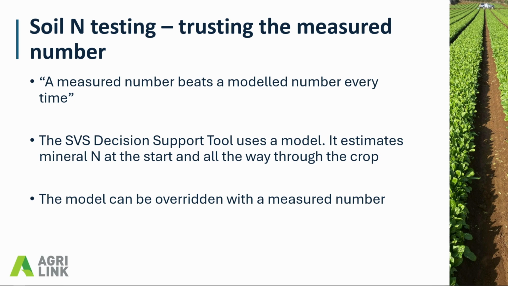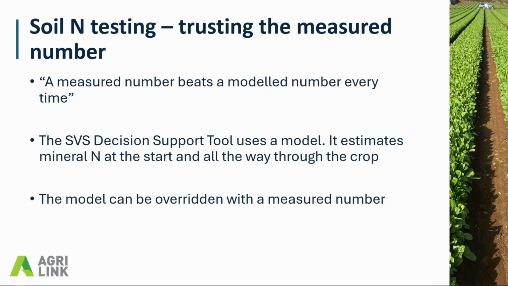The tool itself, the SVS decision support tool, and whenever I talk about it, I underline that word support. It's not a decision tool. It doesn't make the decisions on soil nitrogen for you, but it helps your decision making in regards to nitrogen fertilizer application. If you've got a model, you project it out into the future.